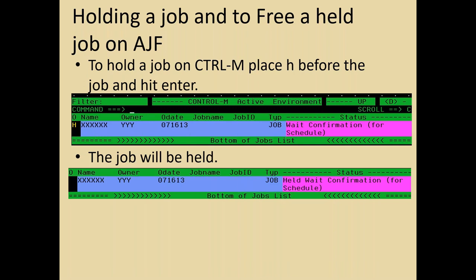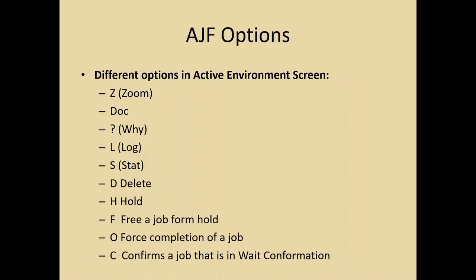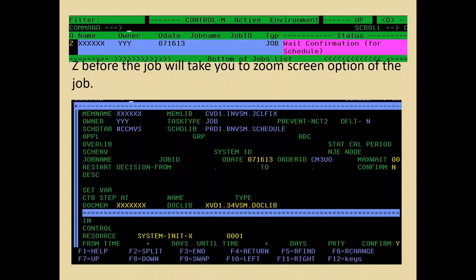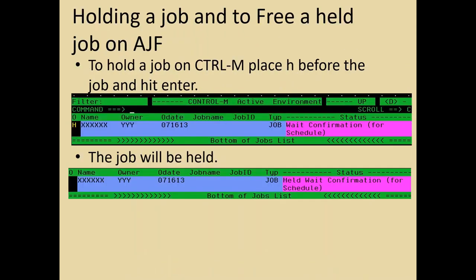Suppose I have held the job here in AJF. Now I will go to this screen, go to these parameters and change them to whatever is required. After doing the changes, I will do F3 and come out of it.